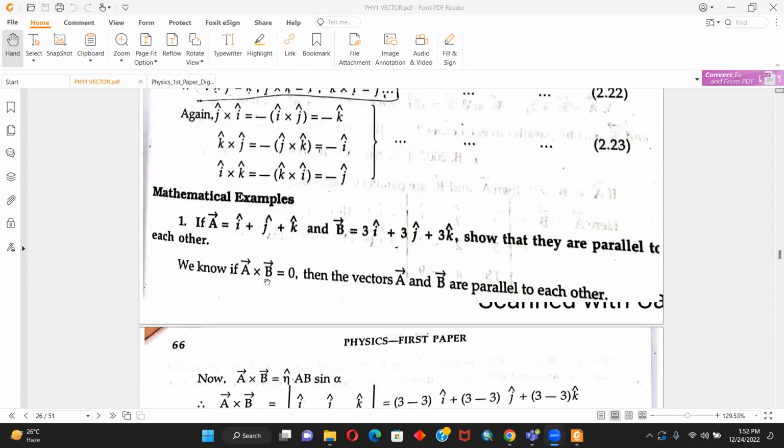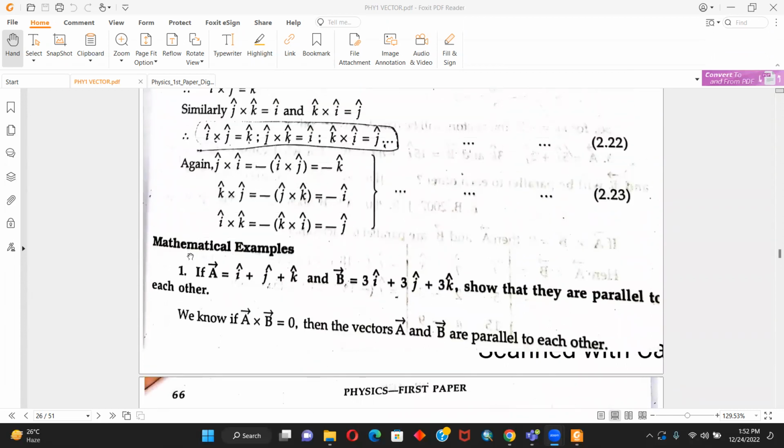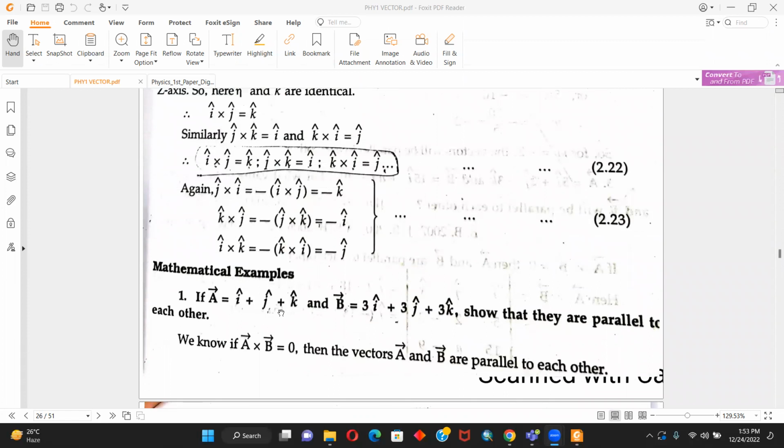So you can get the magnitude of a vector. How can you get the magnitude? Tell me, what is the magnitude of a vector?